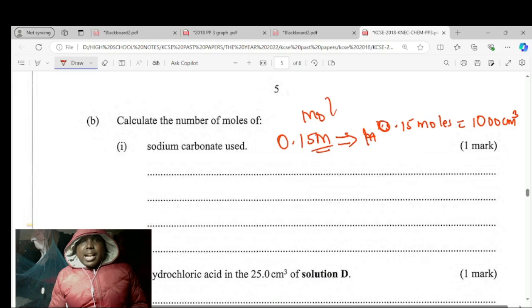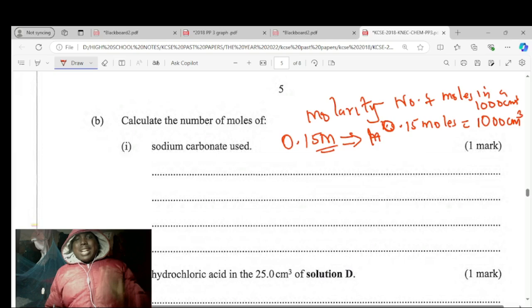So whenever you see 0 point something capital M, capital M stands for molarity, and the molarity is the number of moles in a liter.